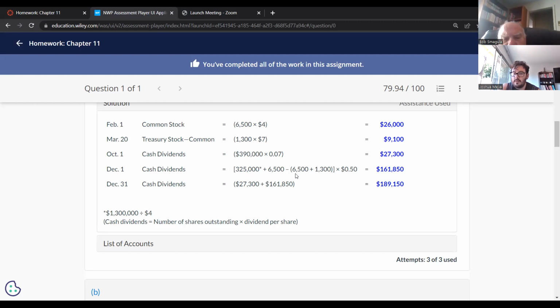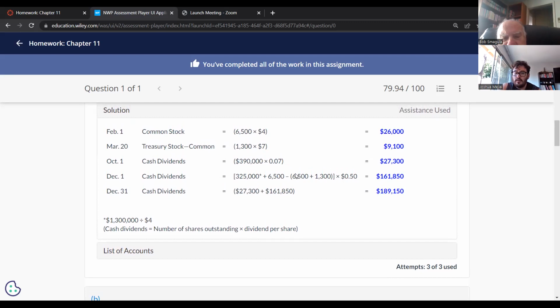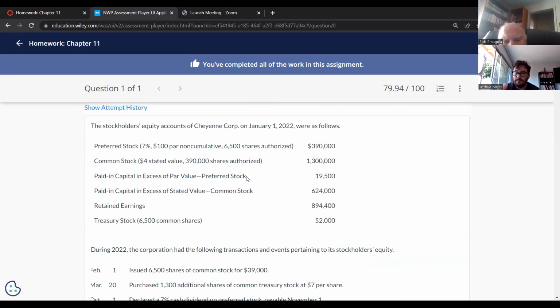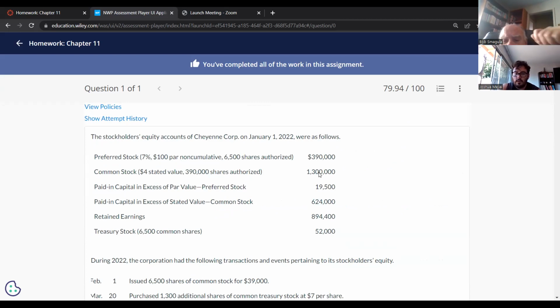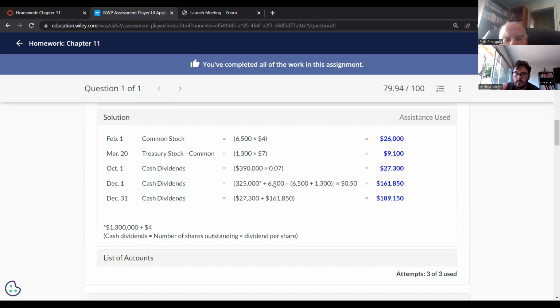And here's where we're missing the boat, I think. The 325, that's what they had at the beginning of the year, right? Okay, then they brought in another 6,500. Those are your outstanding shares, go back to the solution. They had 325 to begin with, then they brought in 6,500.